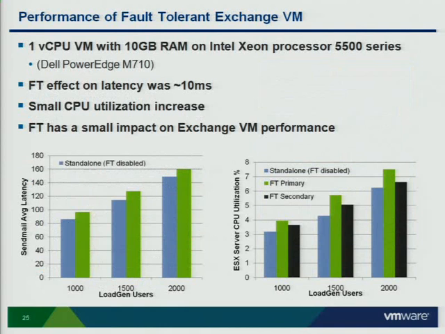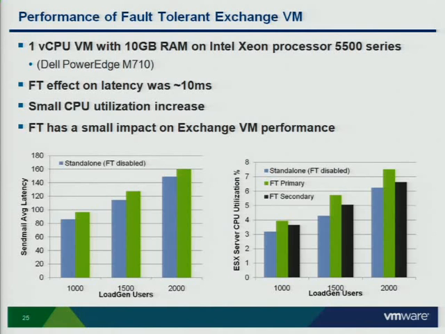All right, so now we're looking at latency and also CPU utilization performance. So we also ran some tests with a 10 gig VM with 10 gigs of RAM on Nehalem processors. And the overall effect was that the difference in latency was roughly 10 milliseconds. And there was a very small CPU utilization increase for your FT VM. So on the left side here, we ran LoadGen on Exchange.